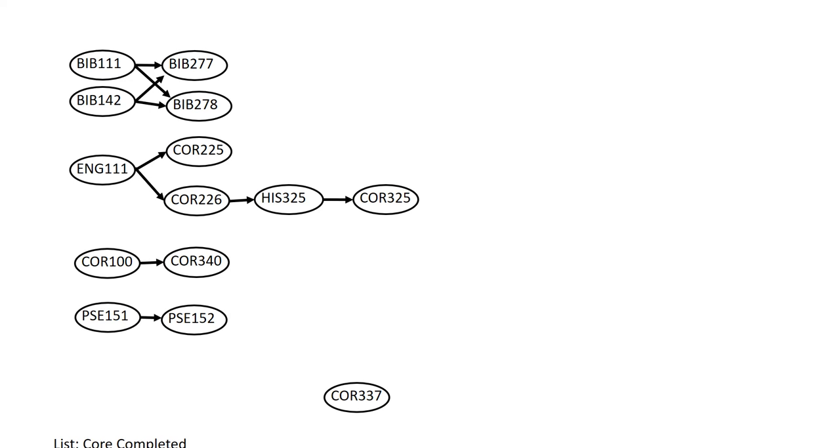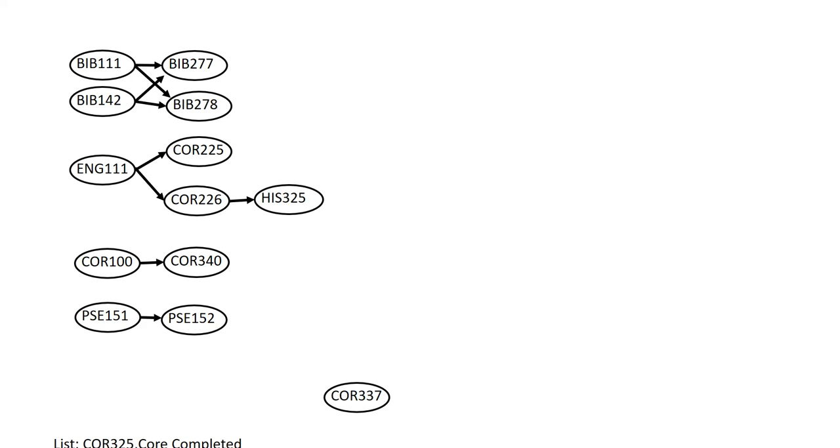For somewhat arbitrary reasons, I'm going to pick the one with the longest path. That's often a good rule of thumb. And so I'm going to get rid of core 325 next. So we take 325 off of the graph and we put it on the list. And so now we know that we have to do core 325 before we get to core completed. And now I'm once again going to go back to the longest list.